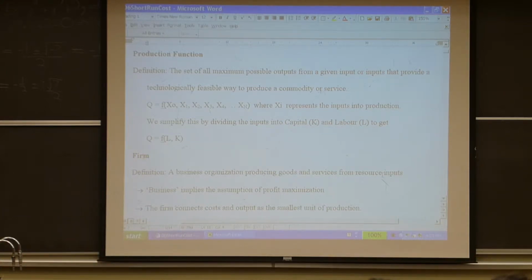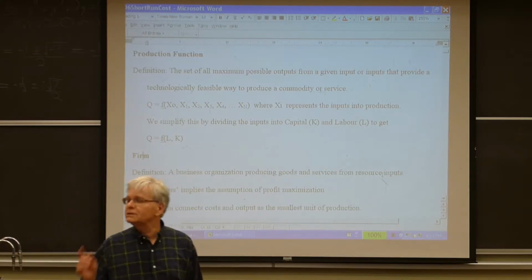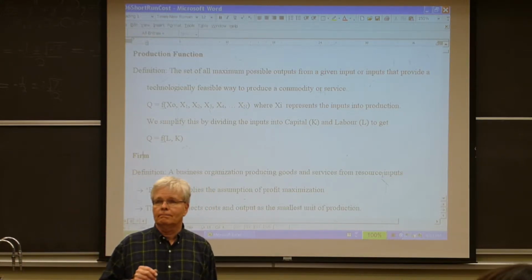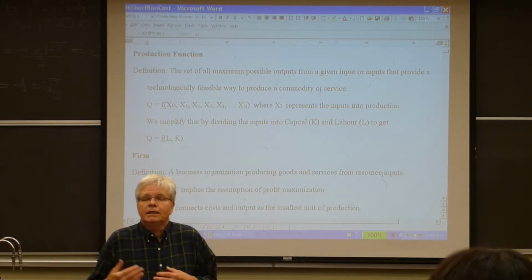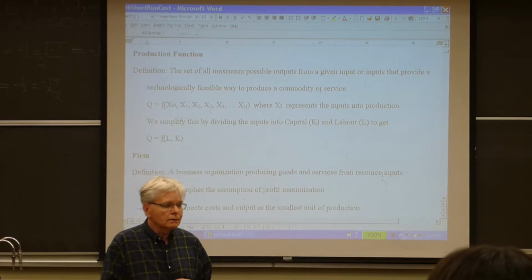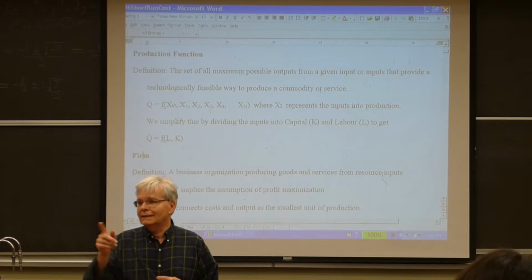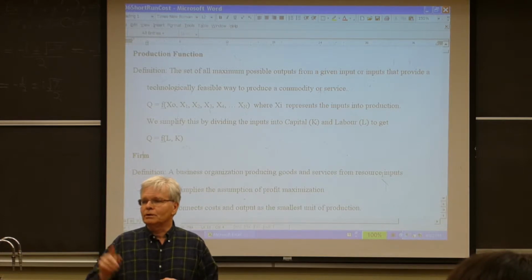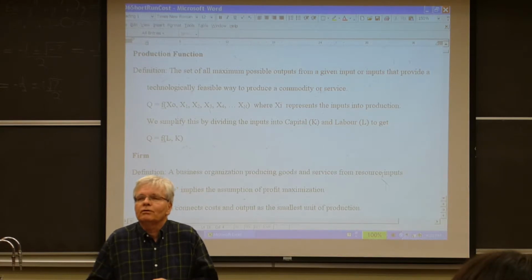And of course, when I ask you, why does the firm behave in any way, shape, or form, your first answer is what? How do we figure out what the firm will do? We begin with that which you already know. You always begin with what you know. What do you know about a firm?